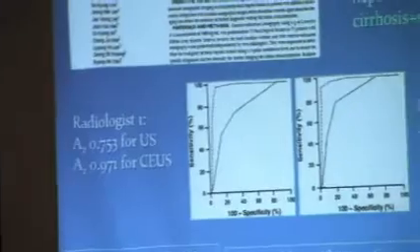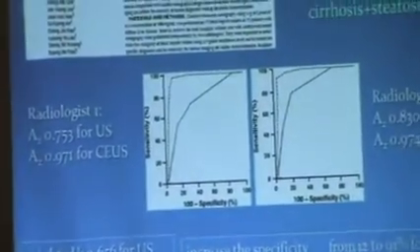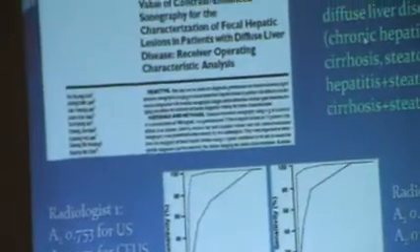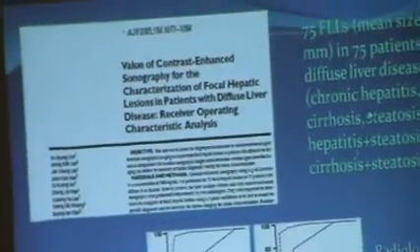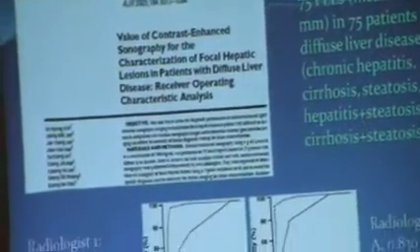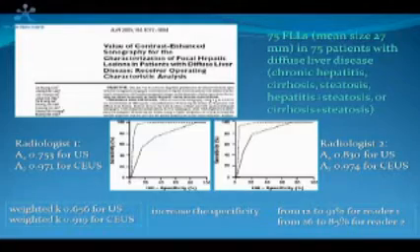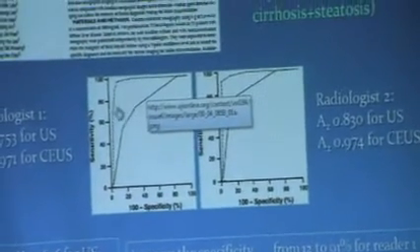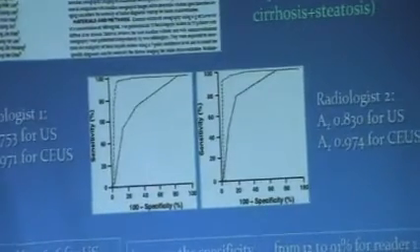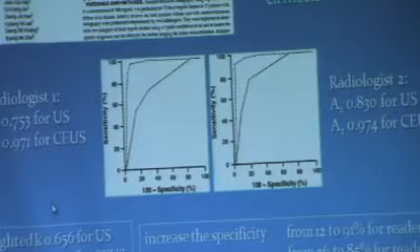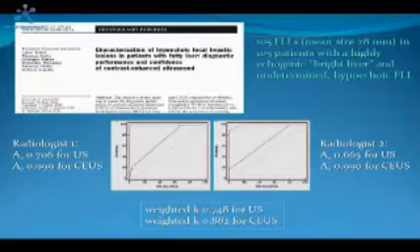The value of CEUS has been considered also in patients with diffuse liver disease, different kinds of abnormal parenchymal background, and you see how, while passing from US to CEUS, the confidence of the operator improves, and also the agreement between the two readers.